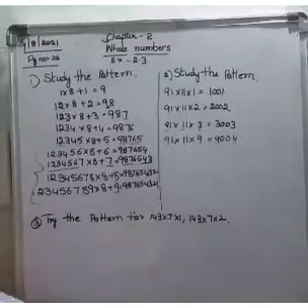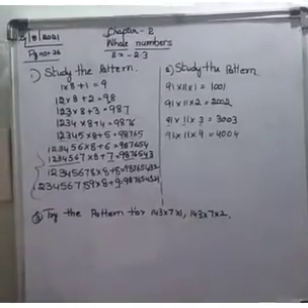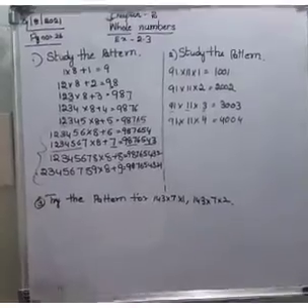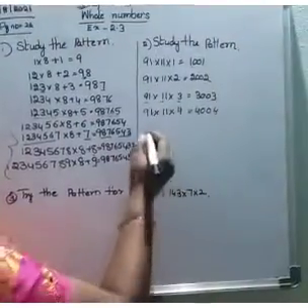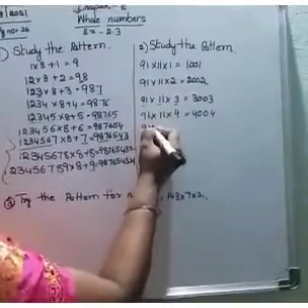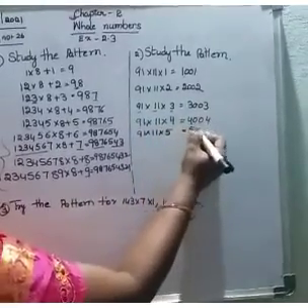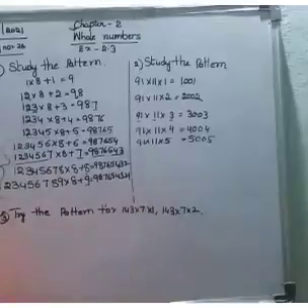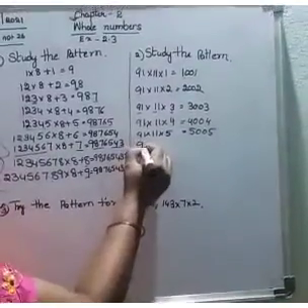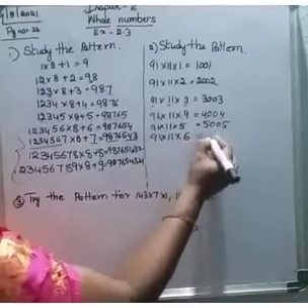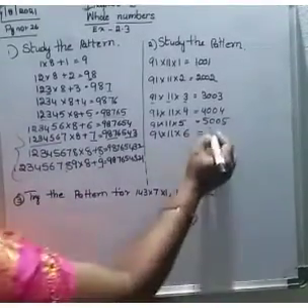Study the pattern and complete the next 4 steps. 91 into 11 into 5. So here we have to get 5005. Right? 91 into 11 into 6 equals what do we get? 6006.